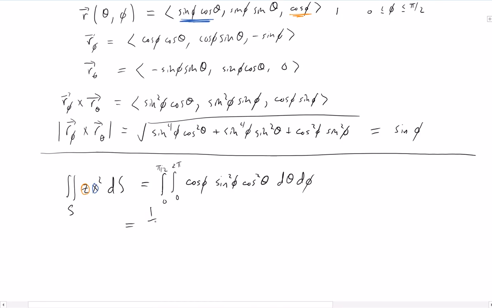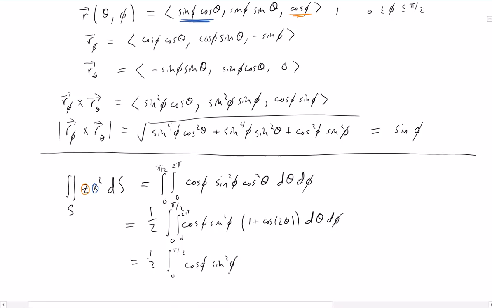Okay, to integrate cosine squared, we use the trig identity. Cosine squared is equal to 1/2 times 1 plus cosine of 2 theta. And so, integral of 1 from 0 to 2 pi is just 2 pi.